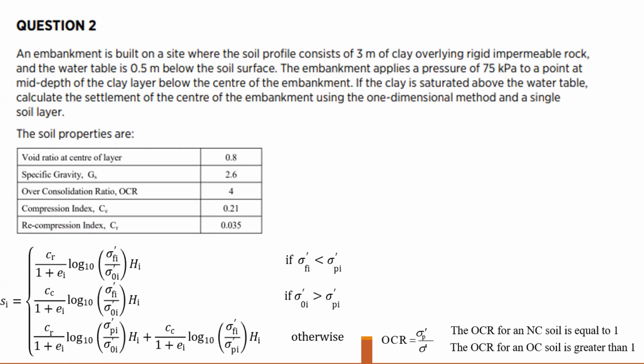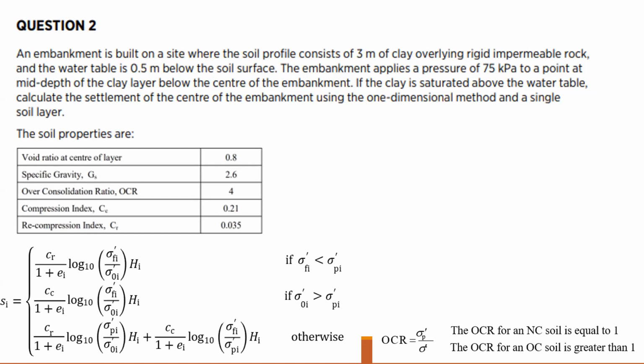And the next thing is how long it will take for the consolidation or settlement. So last week we also discussed how we can find the settlement and how fast it is happening using two equations. Now here we are doing the same thing. Settlement is mostly related to consolidation. So due to consolidation, soil settles.